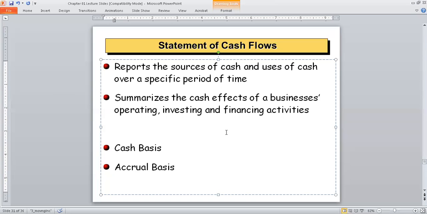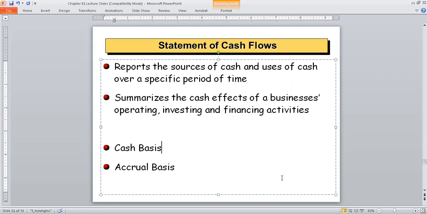When it comes to cash basis accounting, the triggering event for the recognition of transactions is cash flow. If you pay cash, it's an expense, and you record an expense. If you receive cash, it's a revenue, and you call it a revenue.